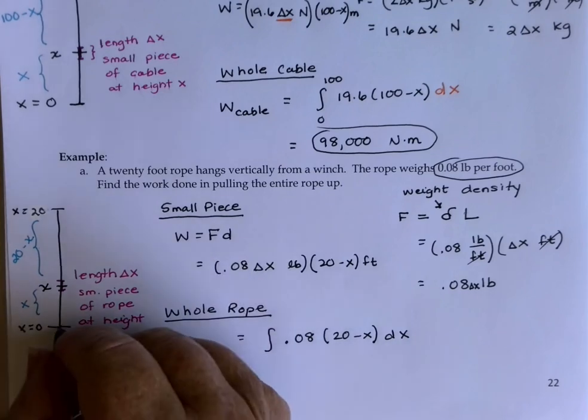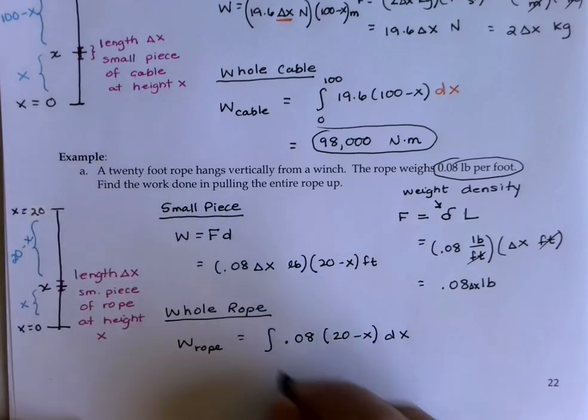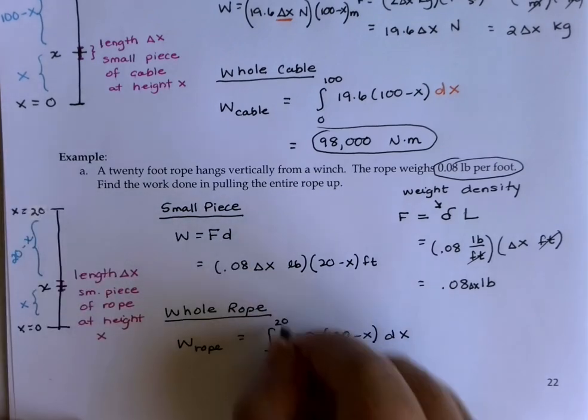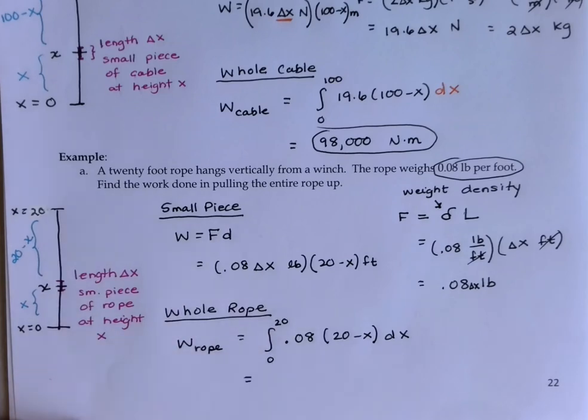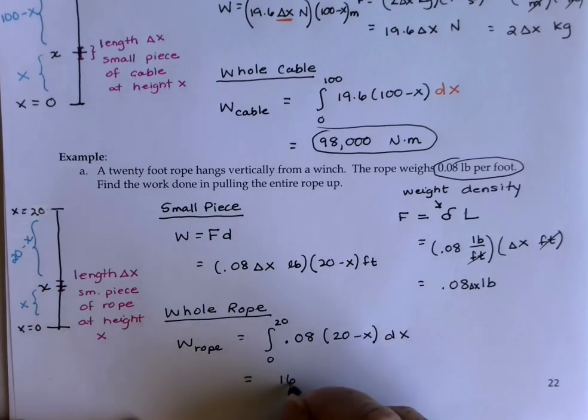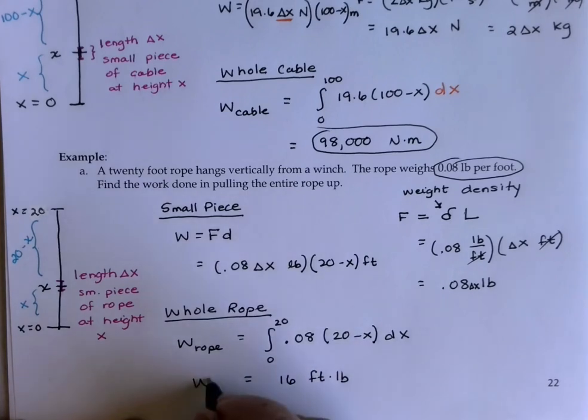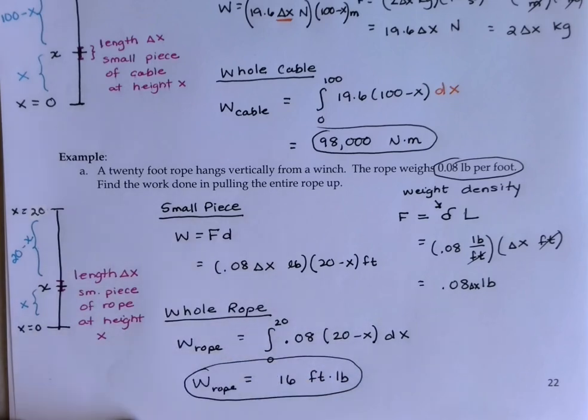And we're integrating from pieces of rope at height 0 through pieces of rope at height 20. Again, feel free to use technology here. We're just going to plug that in, and if you integrate that out, you should get 16, and this would be foot-pounds. I'm going to call that W rope, because we're going to use that value again in just a couple of minutes.